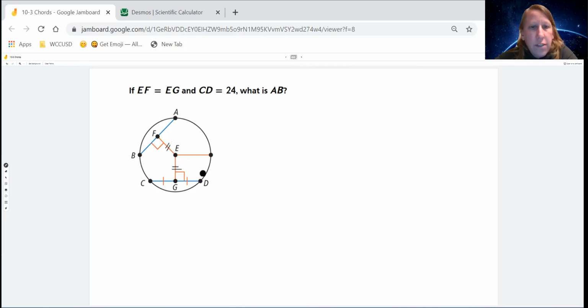Okay, if EF is the same as EG and CD is 24, what's AB? This is the same distance away. So if you know that theorem, then you know the answer. AB is 24. Done. Don't have to show any work. I know that they're the same distance away from the center, so I know that they're the same length.